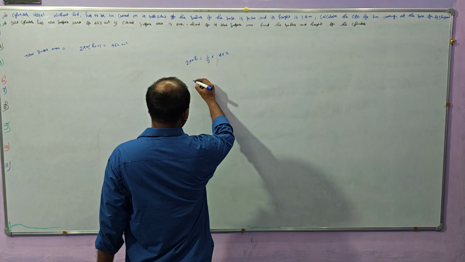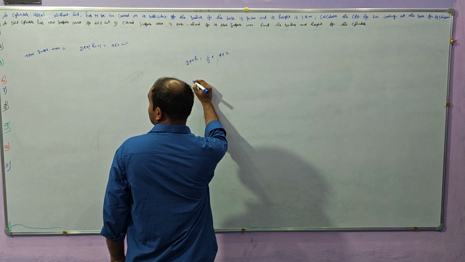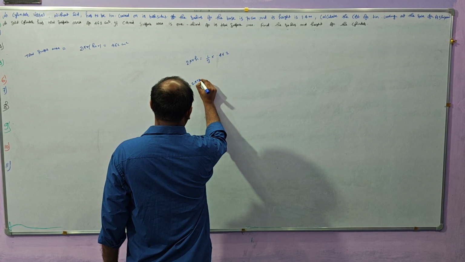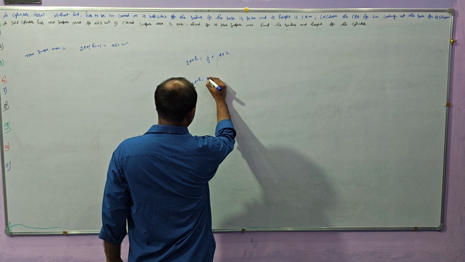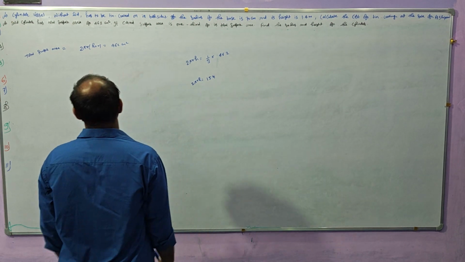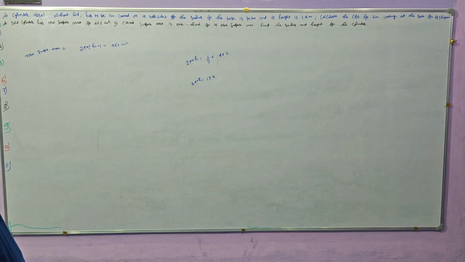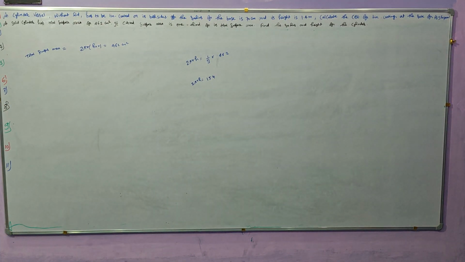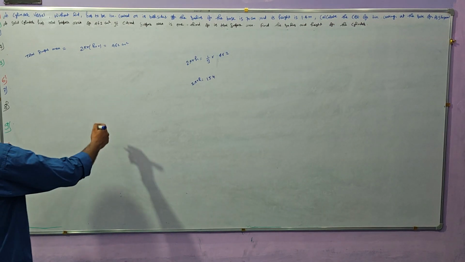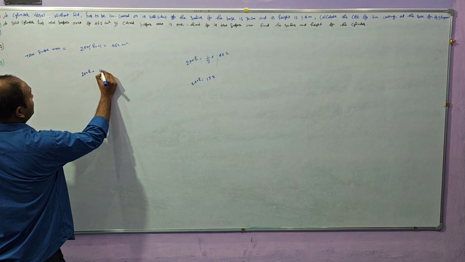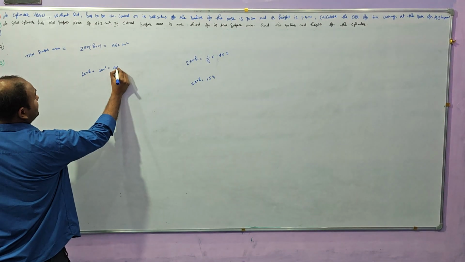So we get 2 pi rh is equal to 154. And we can say that 2 pi rh plus 2 pi r square is 462.